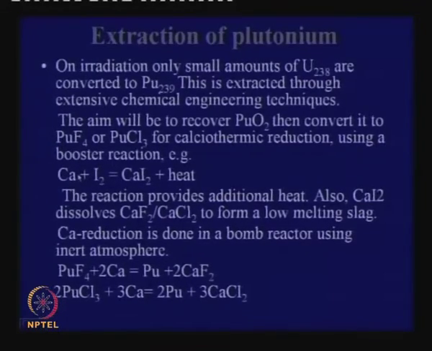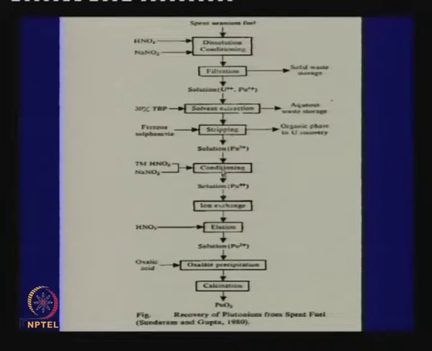There are many reactions possible. One booster reaction is to add calcium and iodine, which will produce calcium iodide and give heat, and this calcium iodide would act as a flux to dissolve the salt that comes out of metallothermic reduction. We have given a flow sheet for recovery of plutonium from spent fuel.